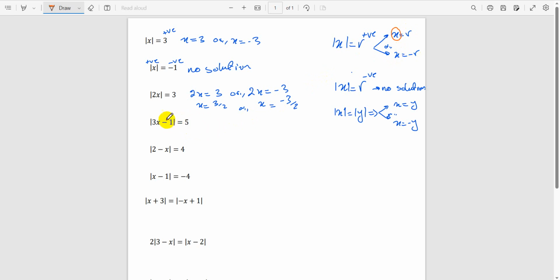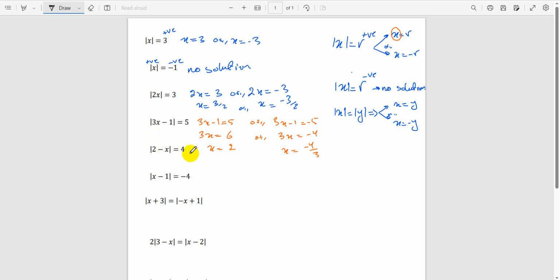So I will get 3x minus 1 equals 5, or 3x minus 1 equals negative 5, which is 3x equals 6, and here we'll get 3x equals minus 4. Of course, just by dividing by 3 both sides, I will get x equals 2, and here we have x equals minus 4 over 3.